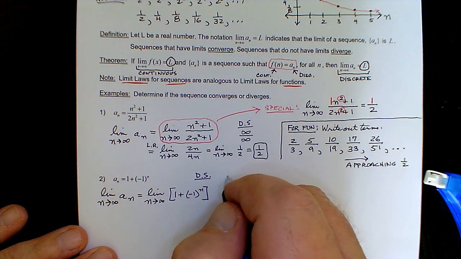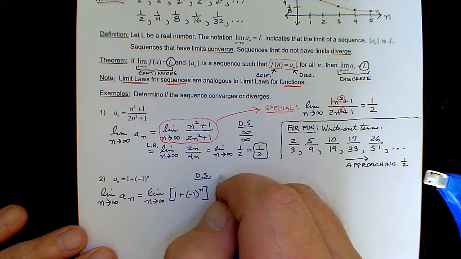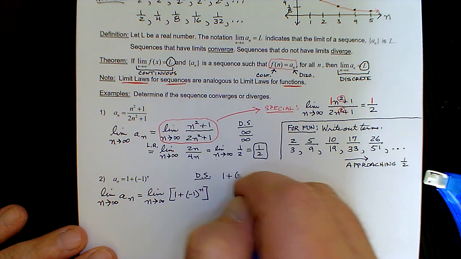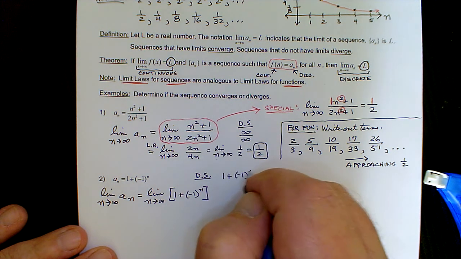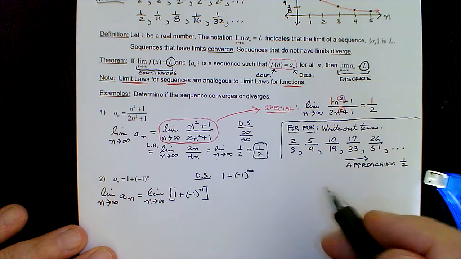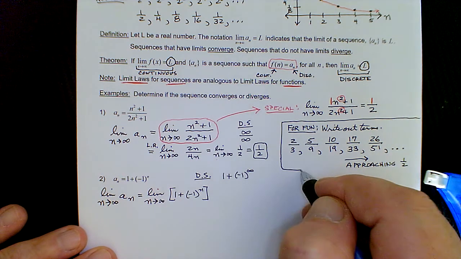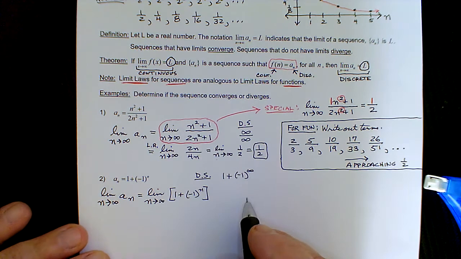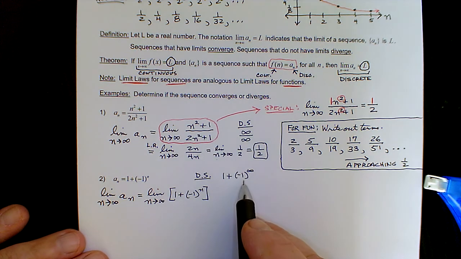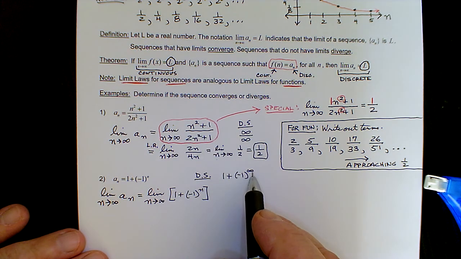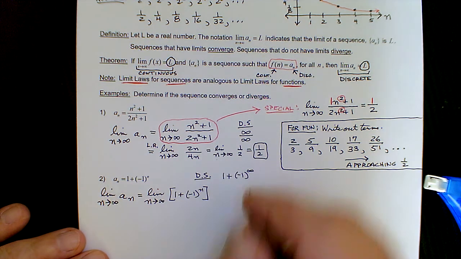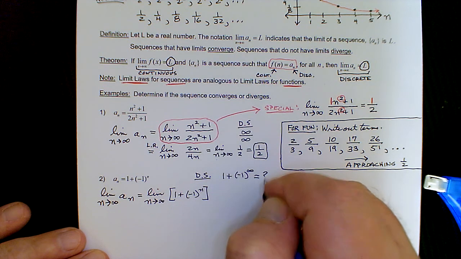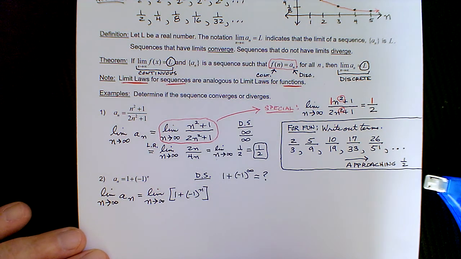If we try direct substitution, it's kind of funny looking because you get 1 plus negative 1 to the infinity. And that's kind of weird because what does negative 1 to the infinity mean? I mean, if infinity is odd, that means negative 1. If infinity is even, that means it's positive 1. So this is not really understandable.